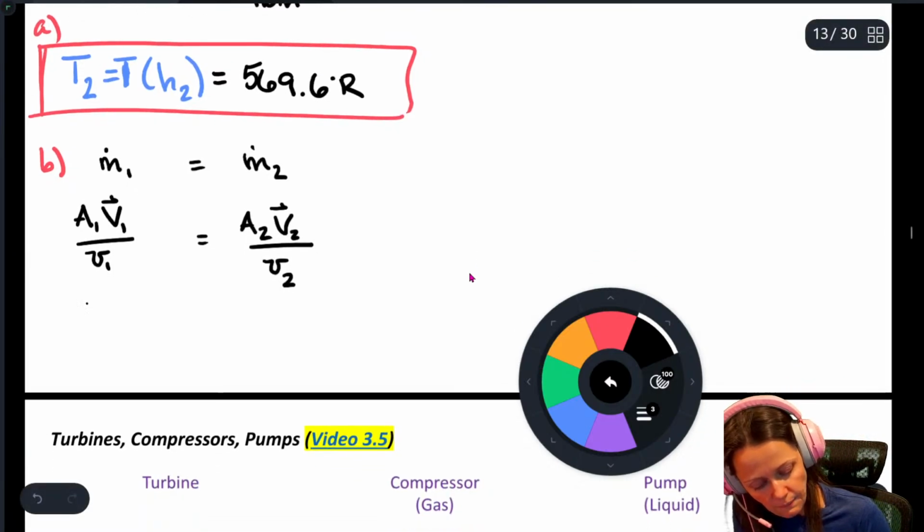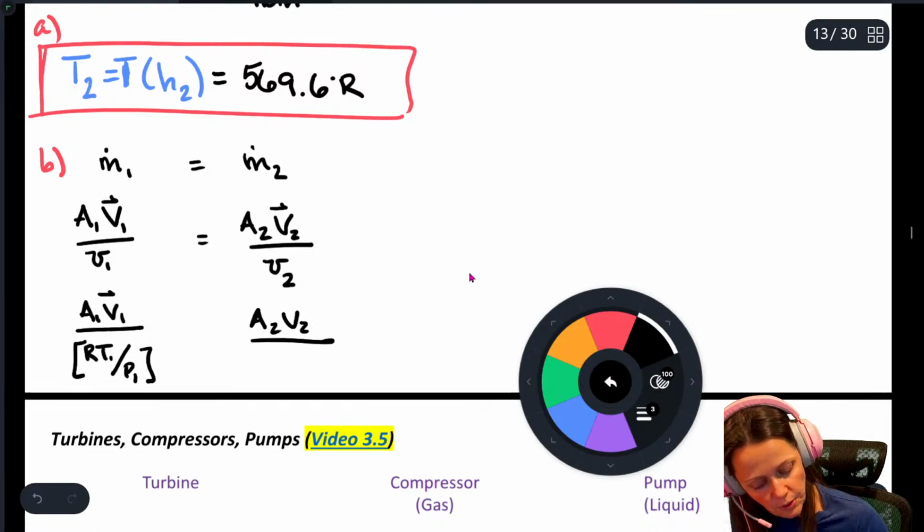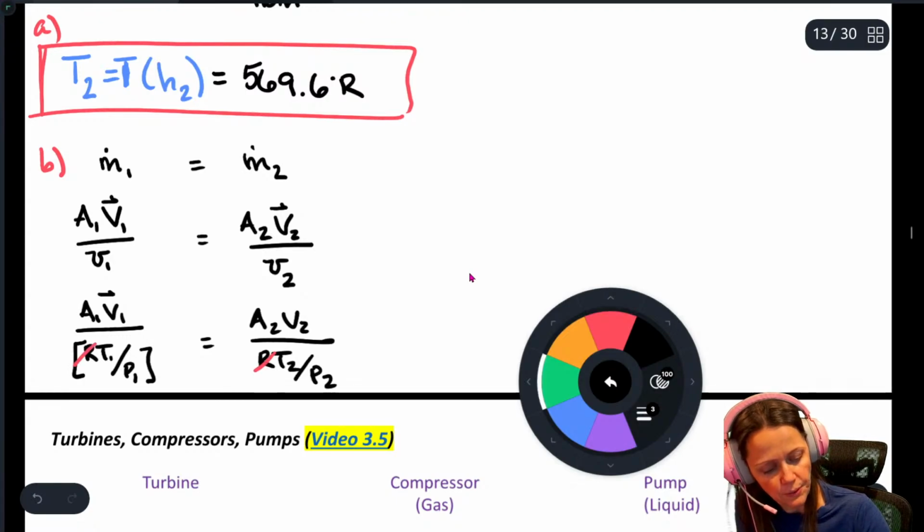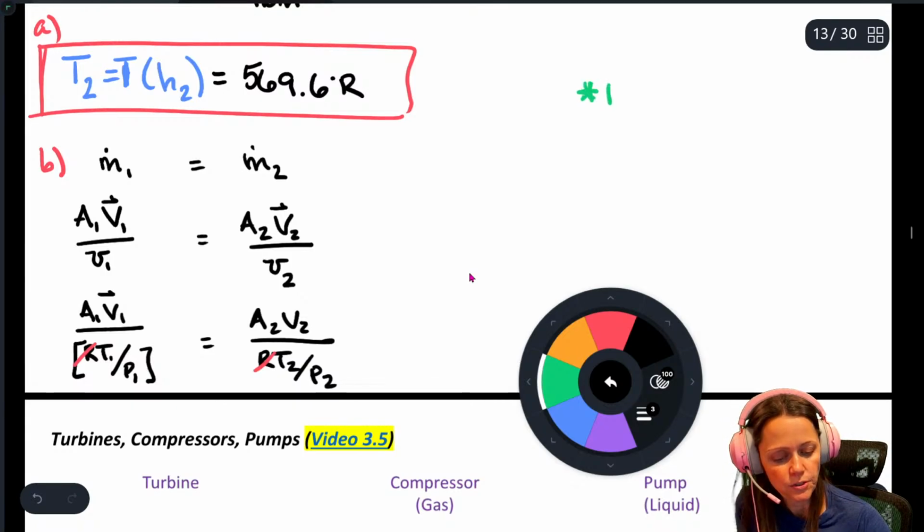So this will be A1 V1, R T1 over P1, equals A2 V2, R T2 over P2. So you could see that the R value cancels out, so you don't need it.